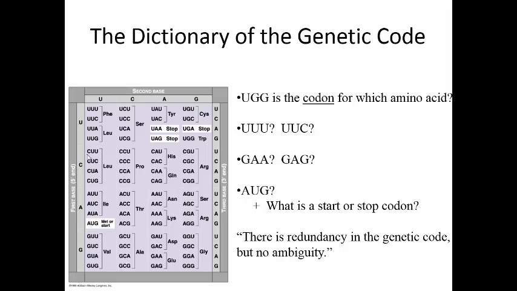As long as you have CU, you're going to be coding for leucine. It doesn't matter what the third base is. Therefore, it wouldn't make sense to make 4 different tRNAs with 4 different anticodons. One tRNA is made, and that one tRNA can correspond with all 4 of these codons. They don't always fit perfectly, which is why we call it wobble. It's a relaxation in the base pairing rules.